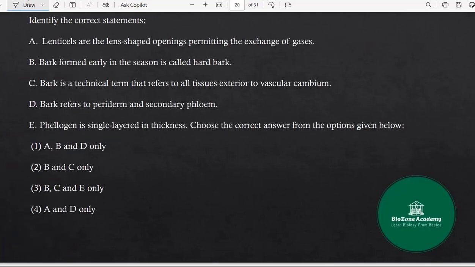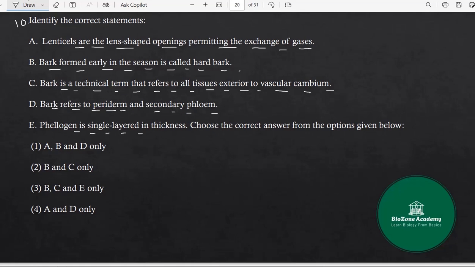Next question. Identify the correct statement. A: Lenticels are lens-shaped openings permitting the exchange of gases. B: Bark formed early in the season is called hard bark. C: Bark is a technical term that refers to all tissues exterior to the vascular cambium. D: Bark refers to the periderm and secondary phloem. E: Phellogen is single layered thickness.